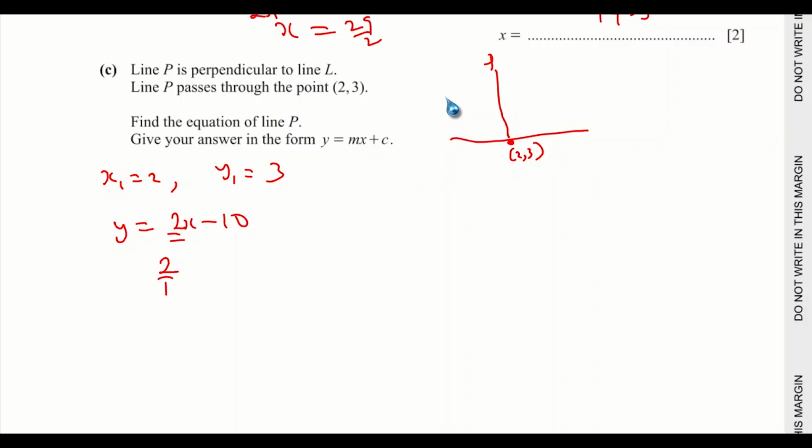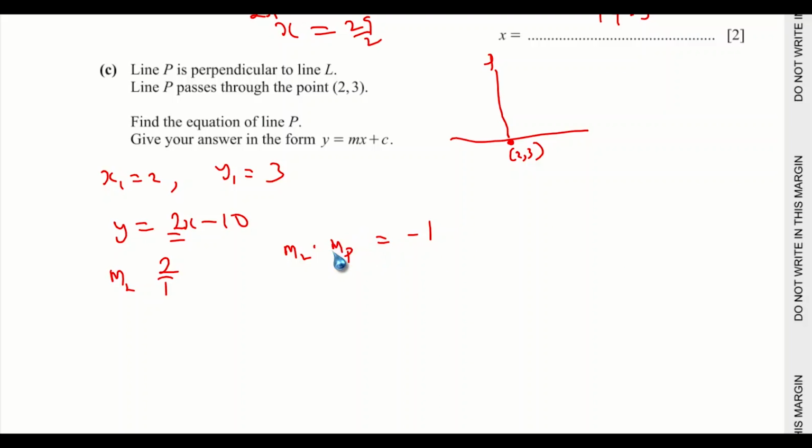Now the gradient of line P. Line P and line L are perpendicular, so the product of their gradients should be equal to -1. If we take this one to be the gradient of line L, then the gradient of line L multiplied by the gradient of line P should be equal to -1.